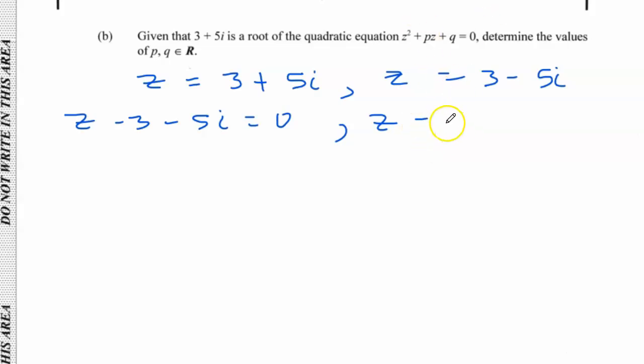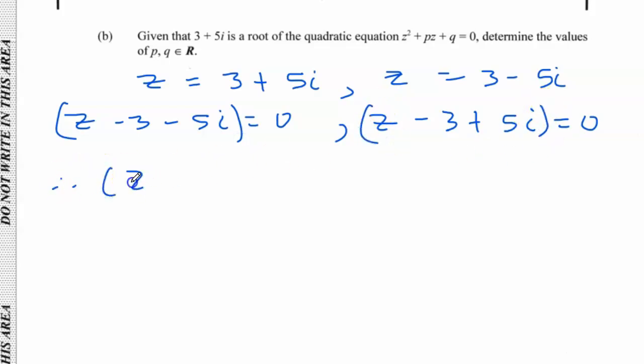We end up with z minus 3 plus 5i is equal to 0, which means that we should take the product of z minus 3 minus 5i and the product of z minus 3 plus 5i.